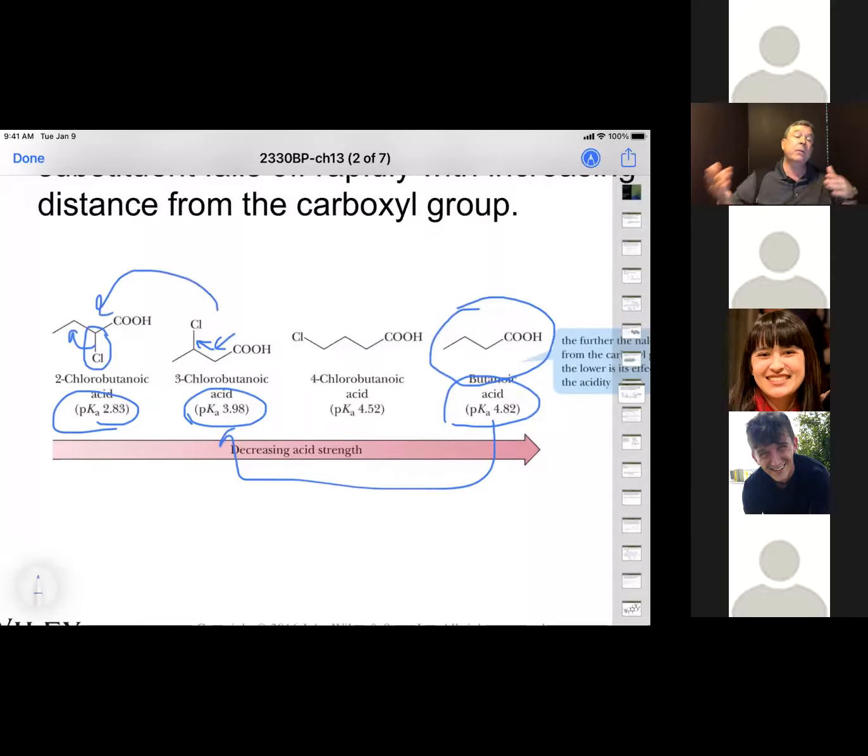And if we move it out even 1 more, now it has to pull electron density through that bond, that bond, that bond, and that bond, and that bond. The effect is so diluted out, there's hardly any change in the pKa at all. So that inductive effect is determined by the number of electron withdrawing groups and how close you are to that carboxylic acid.